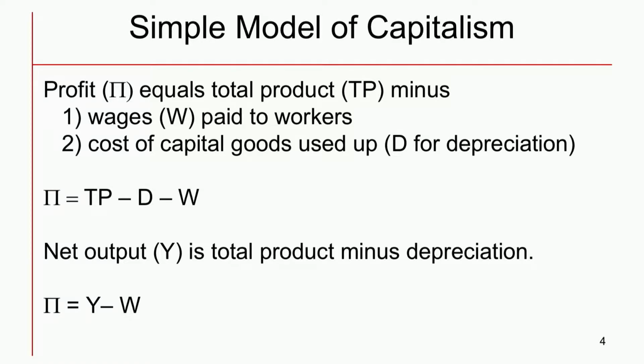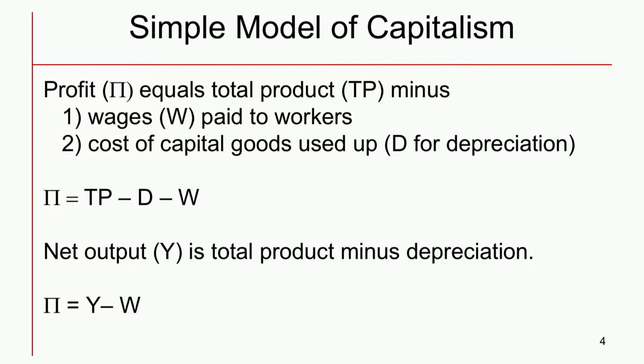And in this simple model of capitalism, total profit in the economy each year is equal to the total product that's produced, because the capitalists get the revenue from producing and selling the final product, after you subtract the wages that are paid to workers, represented by capital W, and after you subtract the costs of capital goods used up. And we'll use capital D for depreciation of capital goods.